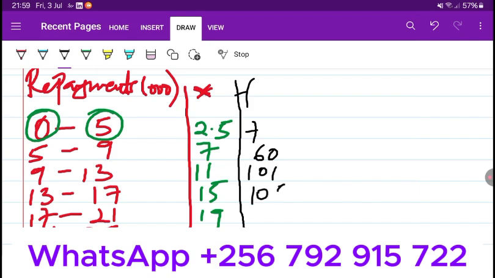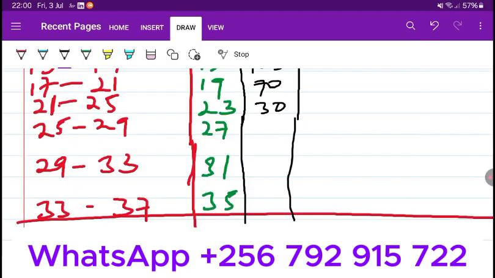This is 105. This is 70. 30. So include all these others. The one that was given to us here is a 10. This one is 8. This is 9. So those ones we are done.